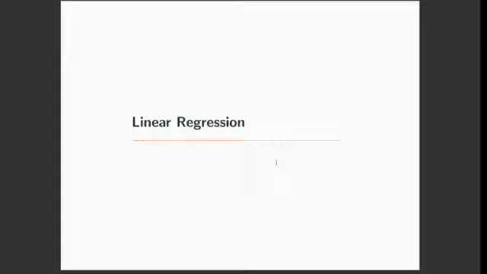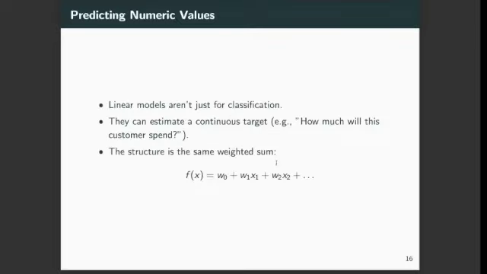So the next model is linear regression, which is the most commonly used model in machine learning. We see that the linear model is not just for classification. Earlier I showed you an example of a linear model used in classification. But in fact, linear regression is mostly used for numerical prediction. It can be used to predict a numerical, continuous value.